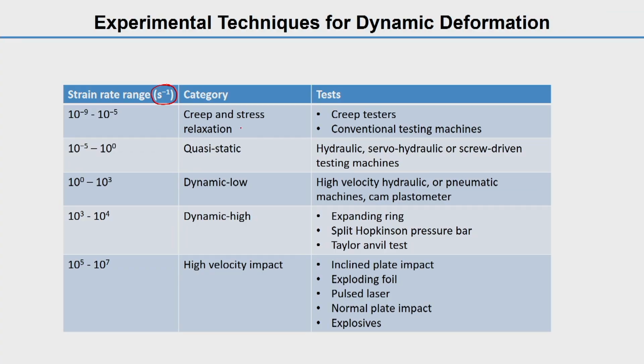We already talked about how we can calculate the strain rate. In this case, the strain rate is very slow for creep and stress relaxation tests, which can be 10 to the power minus 9 to 10 to the power minus 5, and then comes the quasi-static test, which is 10 to the power minus 5 to almost 1, or very close to that. And then we have dynamic low, dynamic high, and even very high velocity impacts.